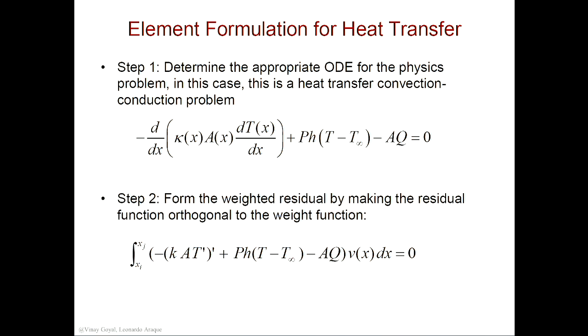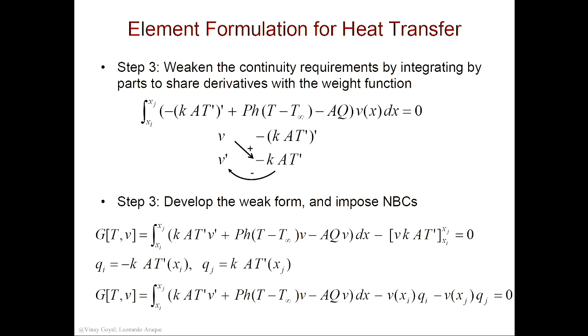Now I'm integrating from xi to xj because I want to look at an arbitrary domain, and maybe xi and xj here represent the nodes, i to j. And what I will do now is weaken the continuity requirements here. I have two derivatives. I would like to share half of that with the weight function. When I do that, I integrate by parts.